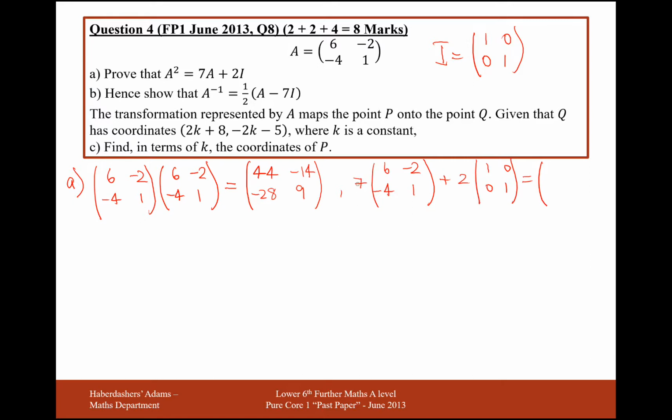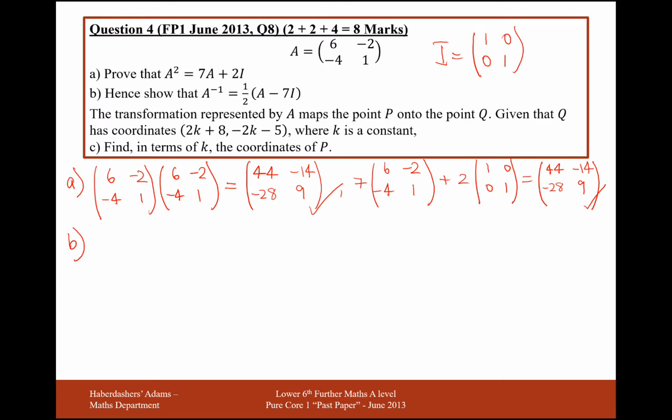So 7 times 6 is 42, add 2 times 1 is 2, so that would be 44. 7 times minus 2 is minus 14, add 0, that's just minus 14. 7 times minus 4 is minus 28, add 0, so that would just be minus 28. And 7 times 1 is 7, add 2 times 1 is 2, so that will make a 9. Perfect, this matrix here equals this matrix here, just as we wanted.